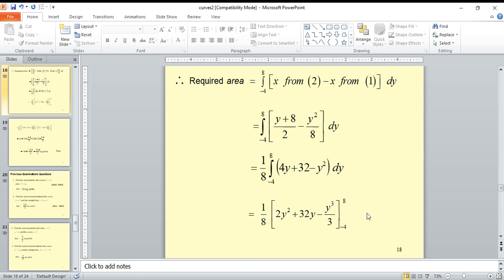That is 4 into y plus 8, that is 4y plus 32, minus y square, dy. 1 by 8 is common. 1 by 8 into 4 into integration of y by 2, that is 2y, plus 32 integration of 1 dy equal to y, minus y square integration is y cube by 3, interval minus 4 to 8.